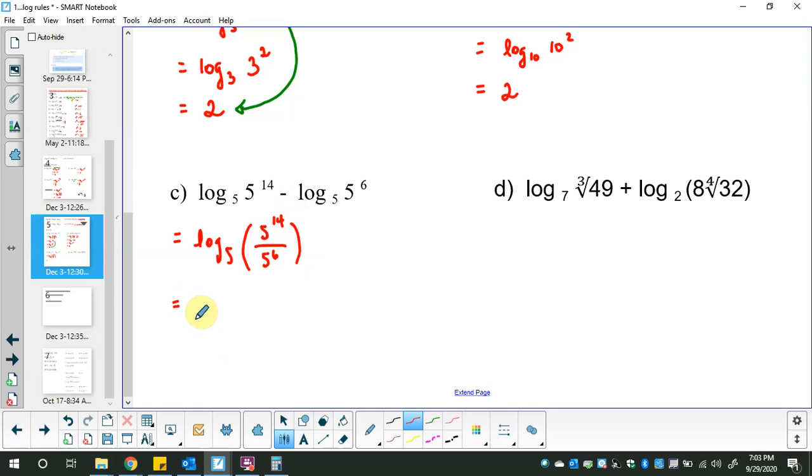I hope that you guys remember your exponent rules, which would make this question quite a bit easier instead of actually figuring out what 5 to the 14 is, or even 5 to the 6. But this is 14 minus 6, which is 8. And because you've got the old matchy match, your answer is 8.